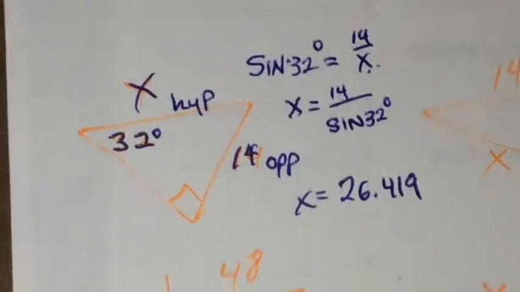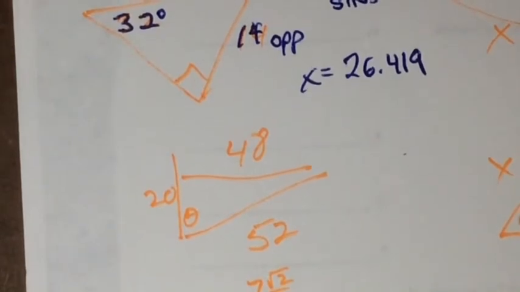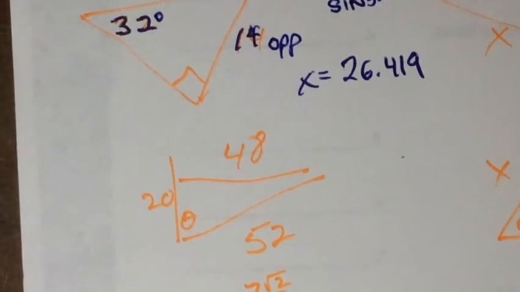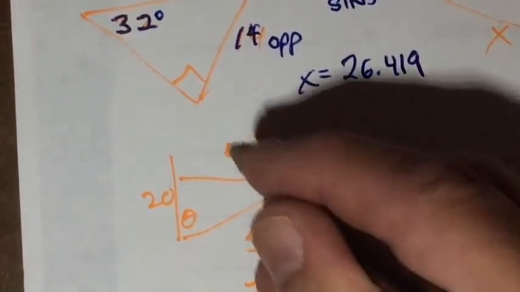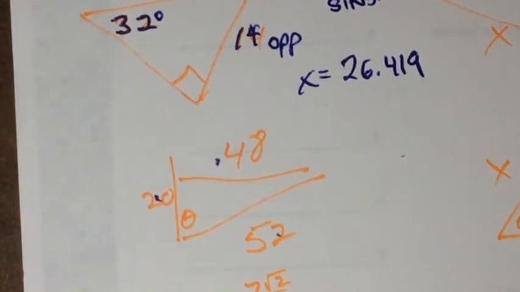Okay. The one underneath this one is a slightly different kind of trig problem, because you're being asked to find the angle. And you're given all of the numbers. How cool is that? That means it doesn't really matter which of the different sine, tangent, cosine, trig functions you use.